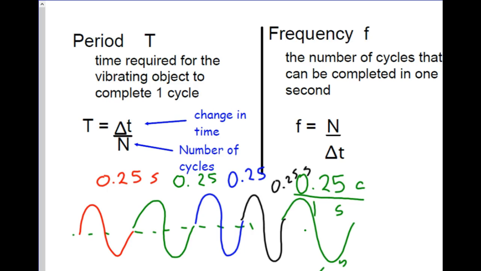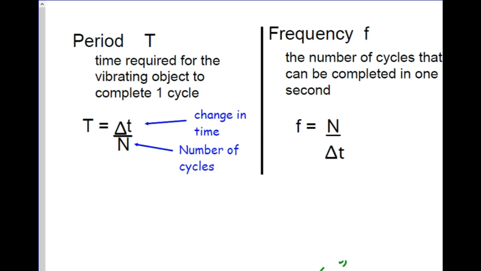The radio broadcast is at 104.9 megahertz. Is that frequency or a period? Hertz is a frequency. If you're not sure, I would suggest that you write it as the frequency.